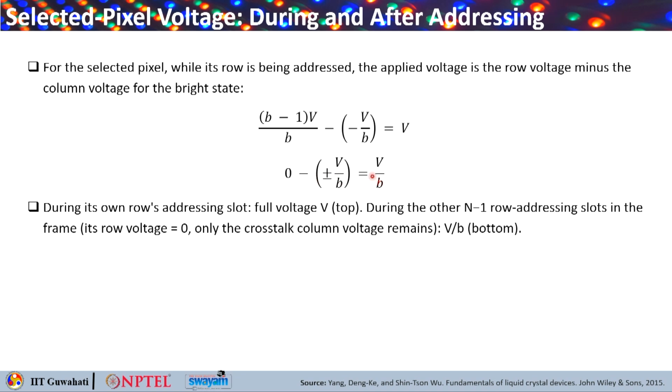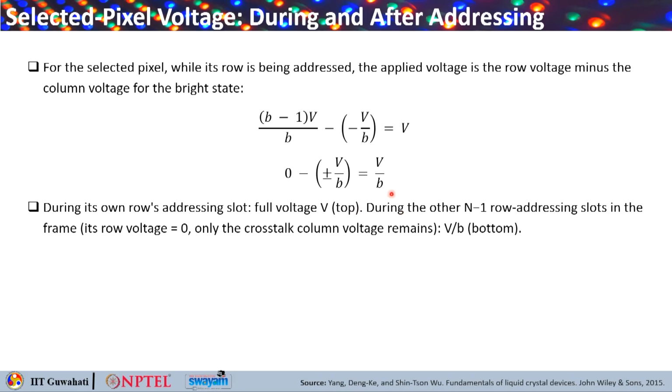So the voltage will be 0 minus whatever the dark or the bright state is, so it can be plus or minus V by B. During the other n minus 1 row addressing slots in the frame, the final crosstalk is coming from the remaining column voltages, that is V by B. So you can understand that if you want to reduce the crosstalk, you can increase B.